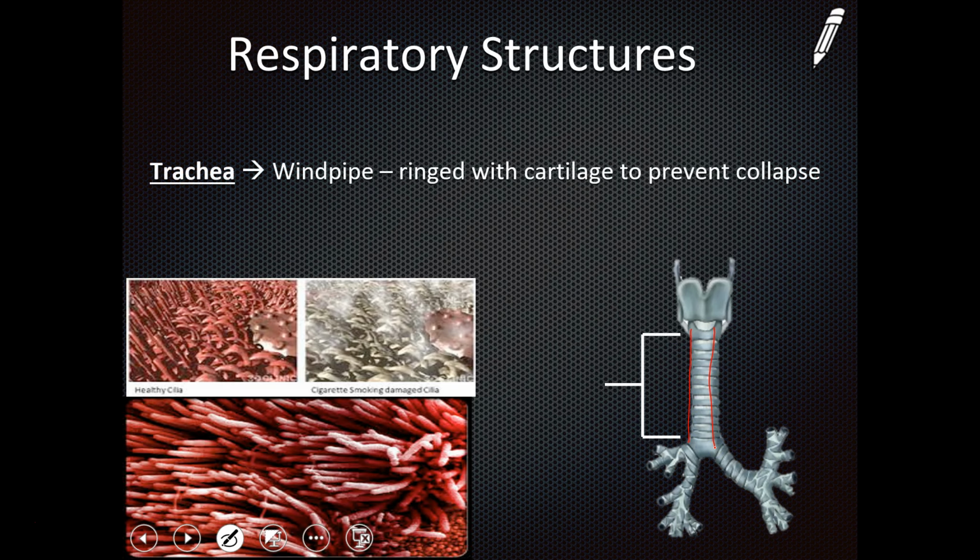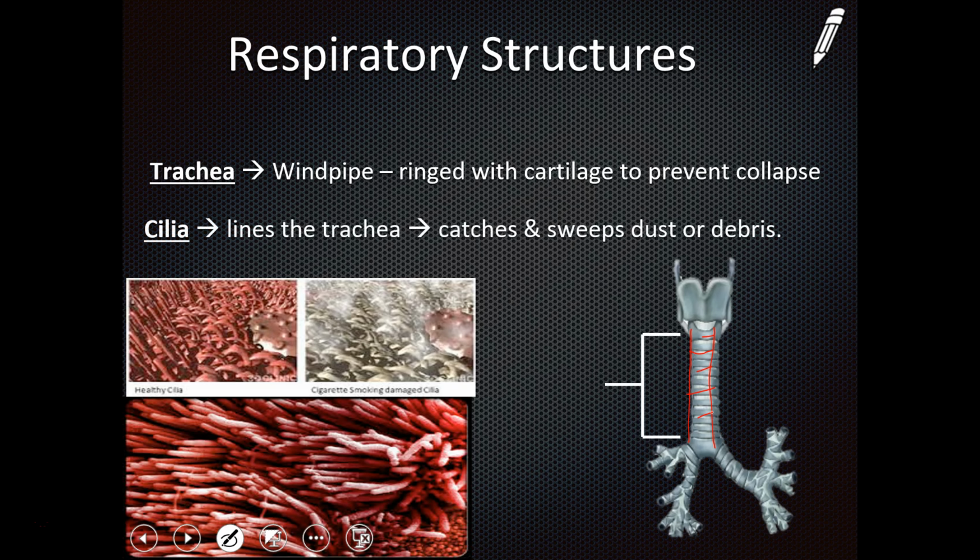And if you notice, the trachea has a special look to it. It's ringed with cartilage. And the reason why it has cartilage is if it were soft tissue, then when you take a breath, that pipe would collapse in on itself, okay? So that cartilage keeps that windpipe open when you breathe in, okay?